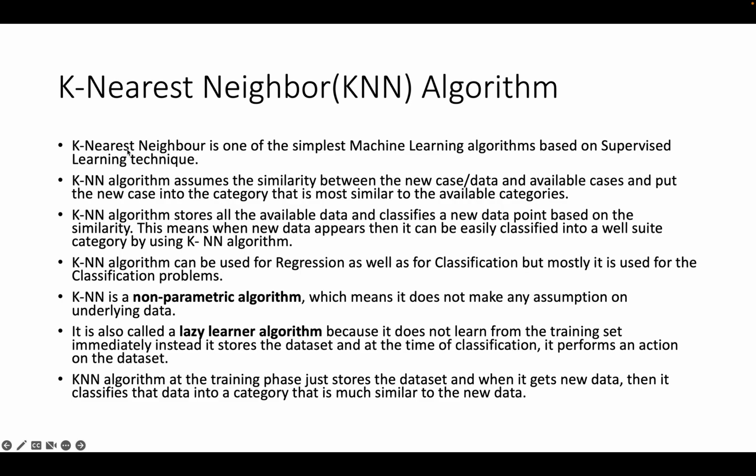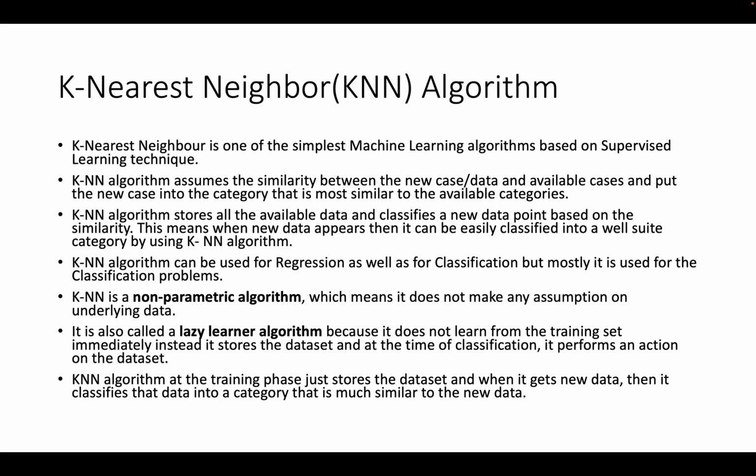The k-nearest neighbor is one of the simplest machine learning algorithms based on supervised learning technique. KNN algorithm assumes that similarity between the new data and available data, and puts the new case into the category that is the most similar to the available data. ठीक है, it finds ऐसा the closest similar data inside the previously existing database and matches it to the output.